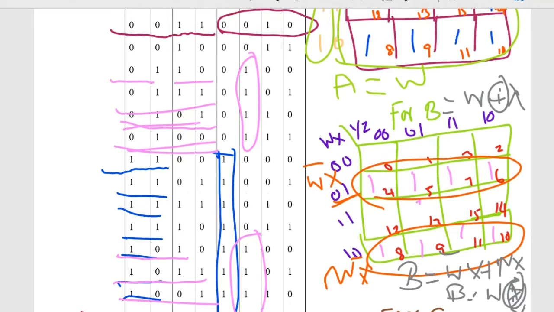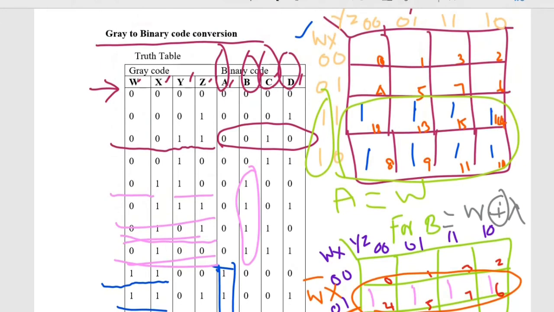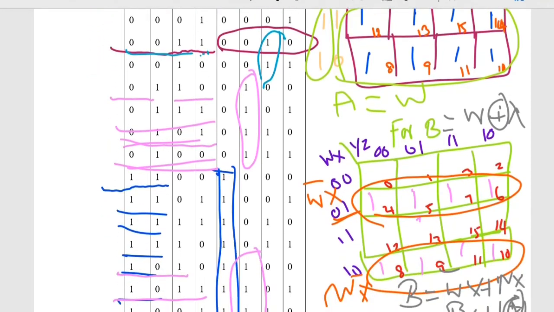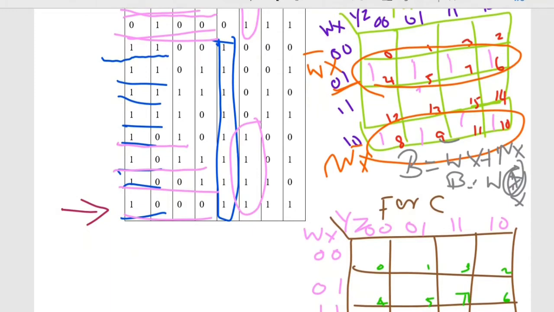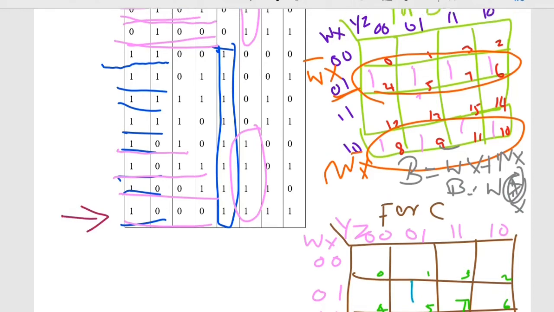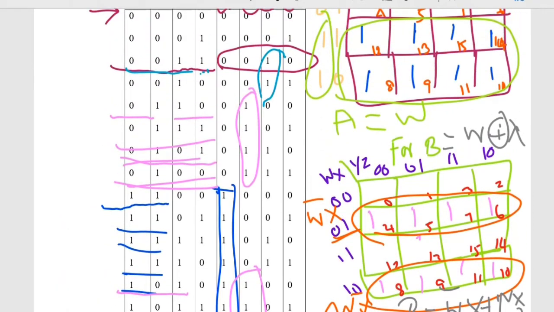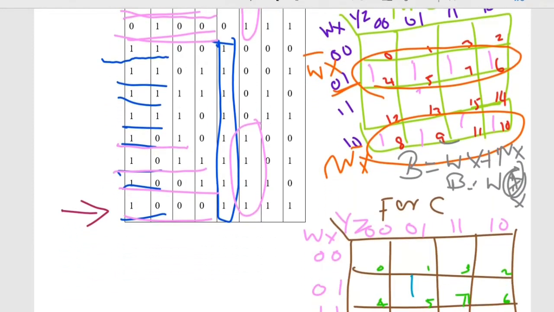Then similar cases are applicable for output C. Listen students, for output C, we have these combinations: 0, 0, 1, 0, then 0, 0, 1, 1.